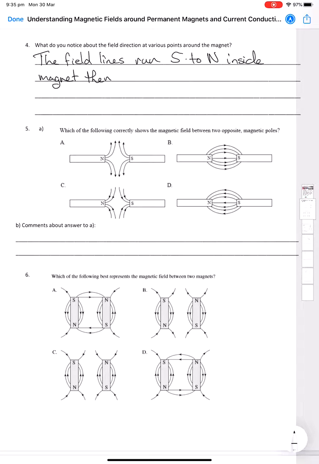Then when they exit the North Pole, they loop around to enter the South Pole.